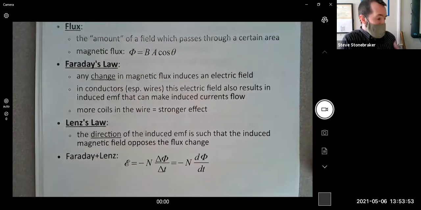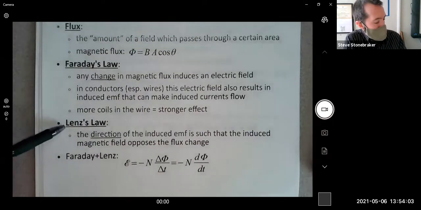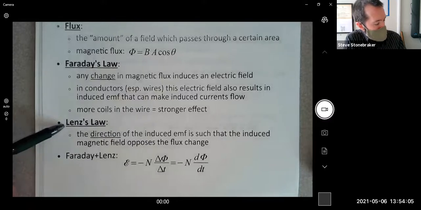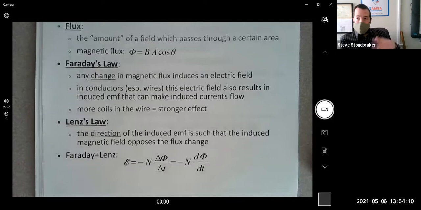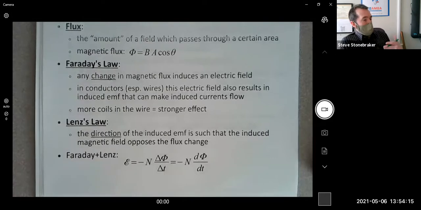Now, the other part of this, like I said, is determining which way the current is going to go. And the rule that talks about that is called Lenz's law. When I create this electricity in my coil, I'm going to have a current flowing, and anytime a current flows, it creates another magnetic field. So I have this initial magnetic field, from waving my bar magnet around or whatever.